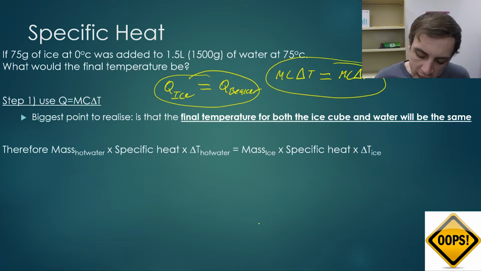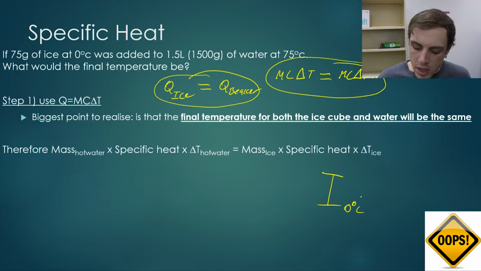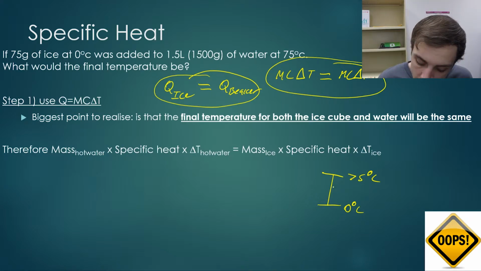So I'm going to just draw a quick temperature scale. So we have our ice, which is at 0 degrees Celsius. And we have our hot water, which is 75 degrees Celsius. And somewhere in between these two values, we don't know where, is our final temperature, which we will denote as X. So we can look at this gap here.